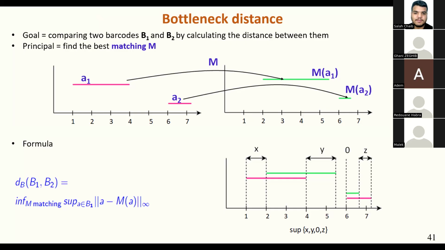It means that here we have two intervals in this barcode, two intervals in the other barcode, and we have to find an optimal matching. It means that this A1, I will match it with this one because the length of it is similar.